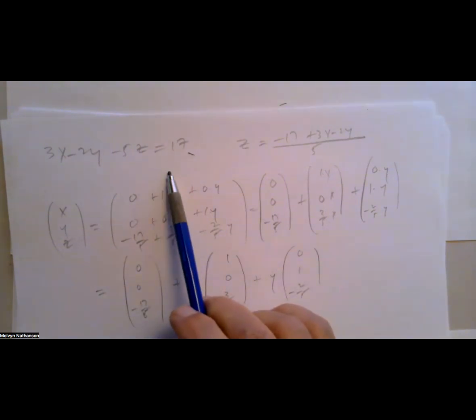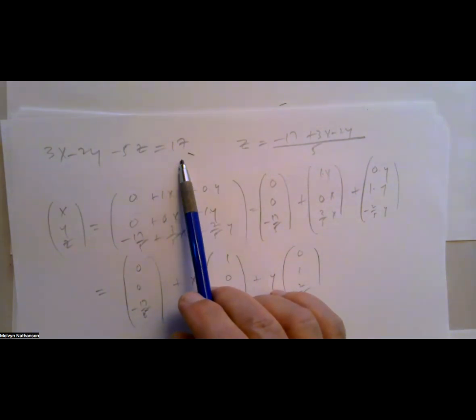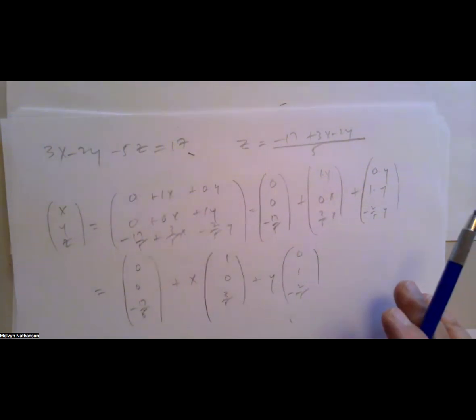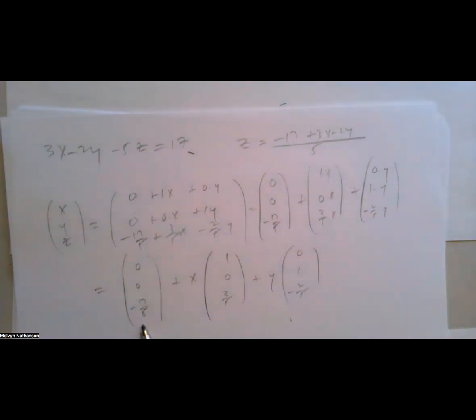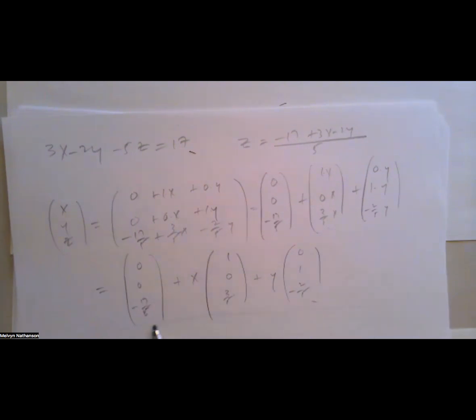So for this linear equation, it's an inhomogeneous equation in 3 variables, x, y, and z. The solution space is all vectors that can be represented in this way. And every vector of this form is a solution.